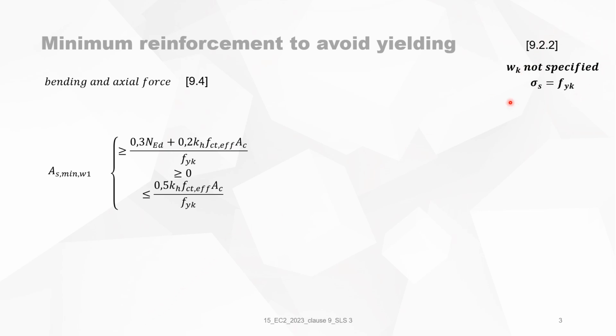We are still in the case of minimum reinforcement to avoid yielding with the crack width not specified and the steel is yielding. The formulation as it is stated in formula 9.4 is as follows. In this formulation, you will see the term with 0.2 kH, and this is in fact the minimum reinforcement for pure bending.